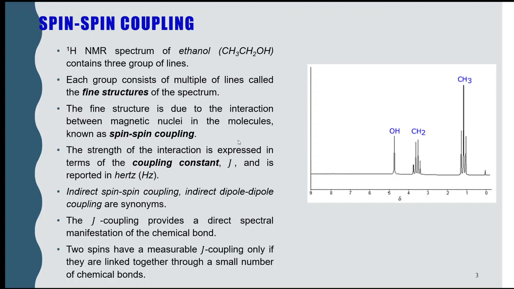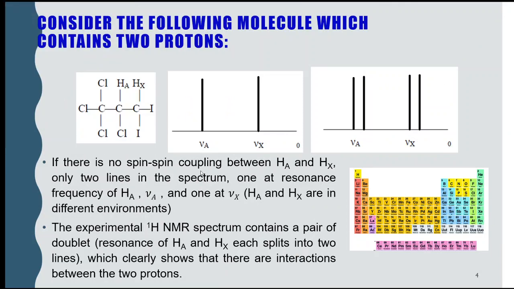The strength of the interaction is expressed in terms of the coupling constant, labeled as J, and it is measured in hertz. Sometimes in textbooks it's called indirect spin-spin coupling or indirect dipole-dipole coupling. So it's actually the same as this coupling constant. Let's consider this molecule.